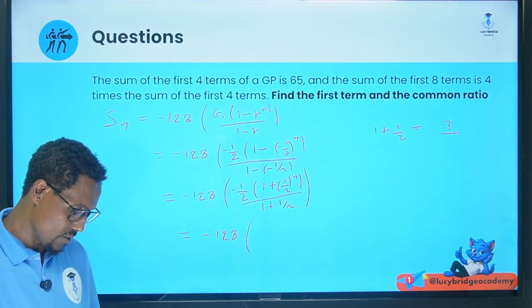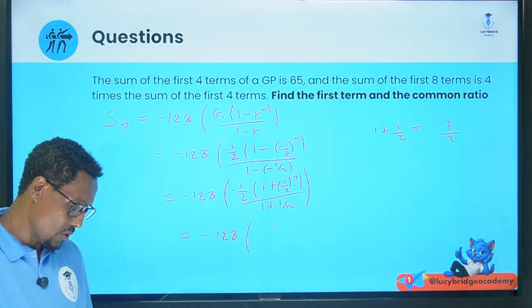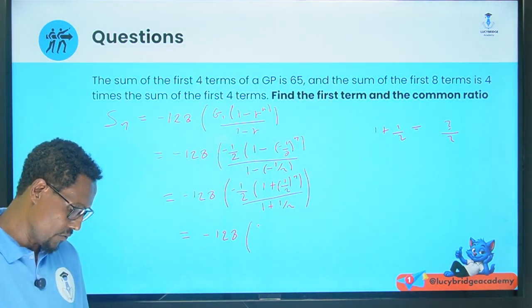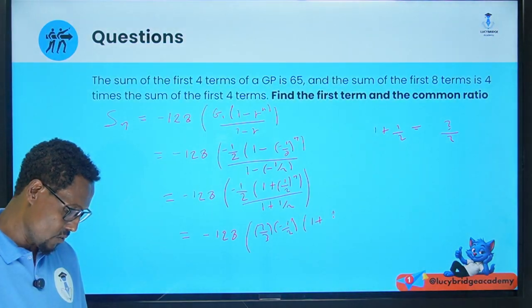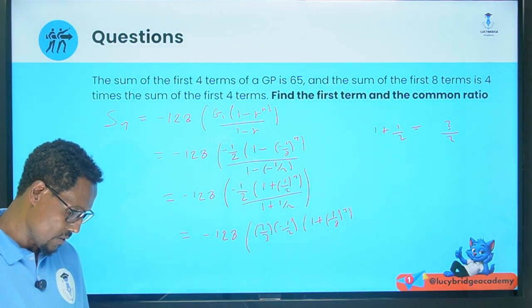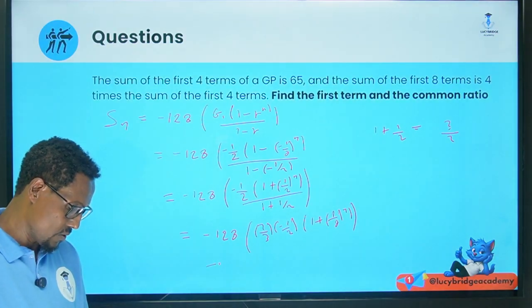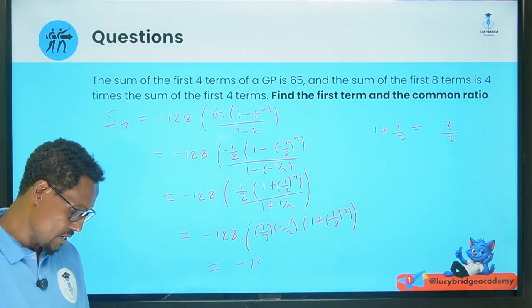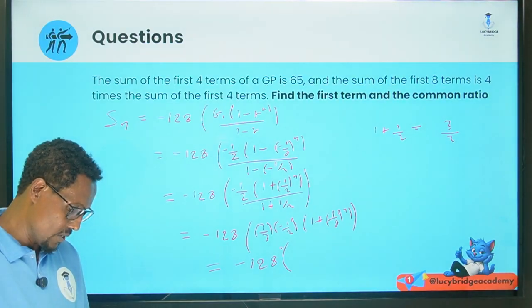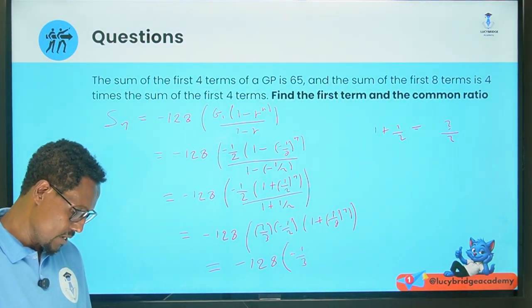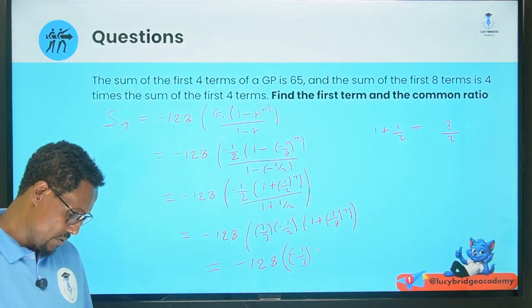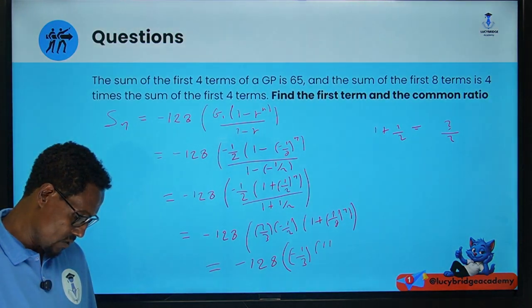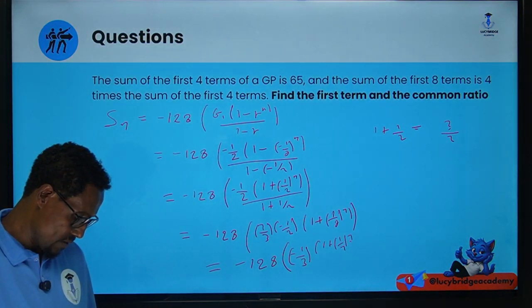The reciprocal of 3 over 2 is 2 over 3, so 2 over 3 times minus 1 over 2 times (1 plus 1 over 2 to the power of 7). Which is equal to minus 128 times, 2 by 2 cancel, minus 1 over 3 times (1 plus 1 over 2 to the power of 7).